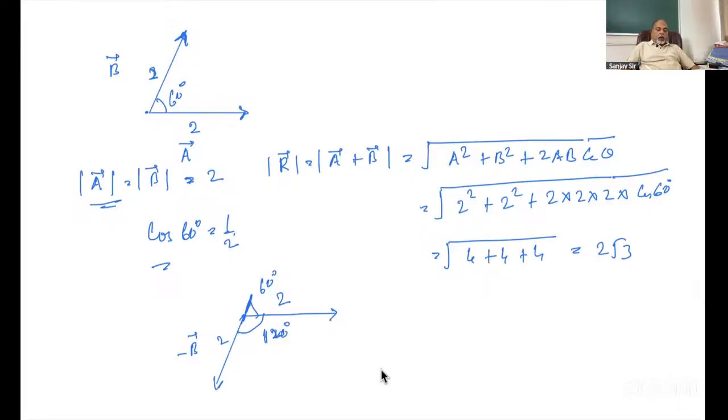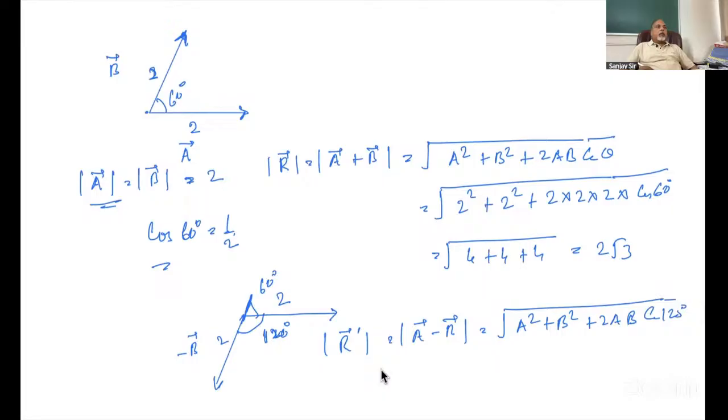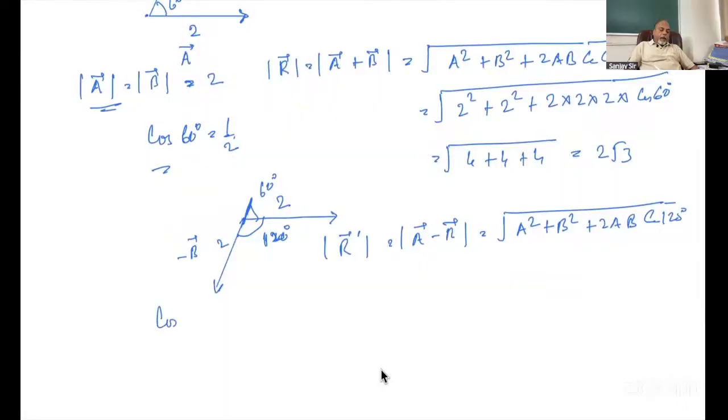So here R dash, we can say A minus B, will be equal to root of A square plus B square plus 2AB cos 120 degrees. And cos 120 degrees is minus 1 by 2. So this will become 4 plus 4 only, minus 4.